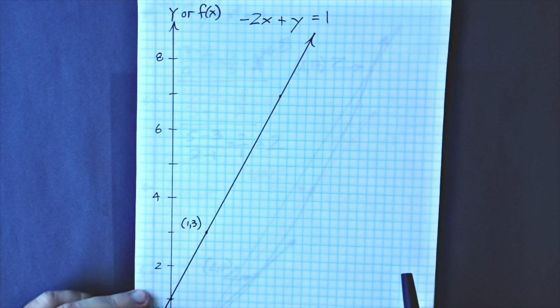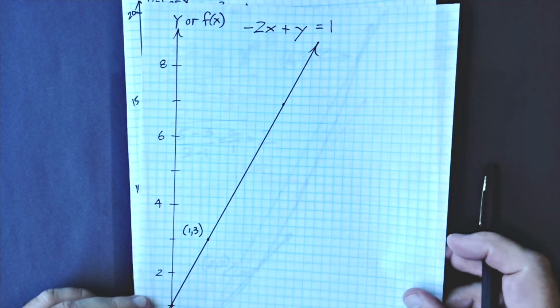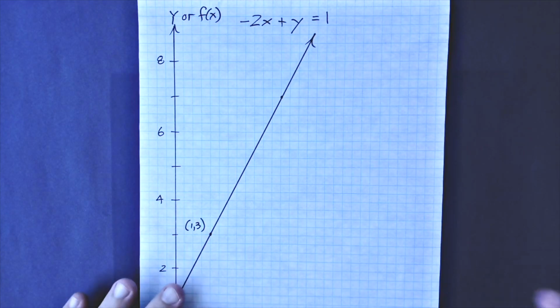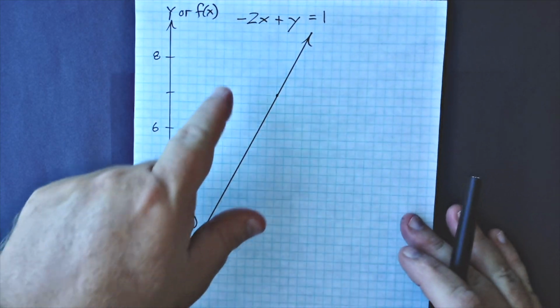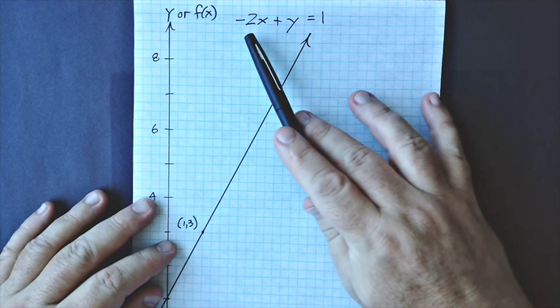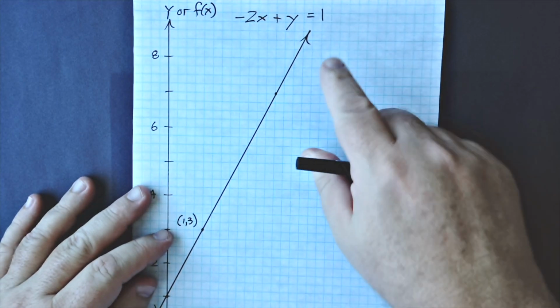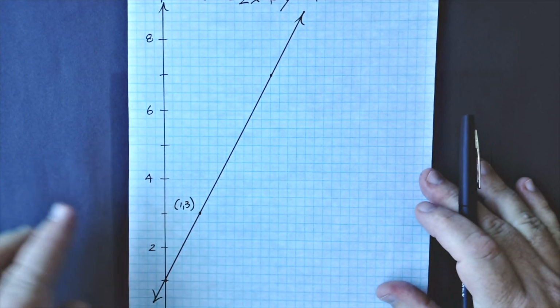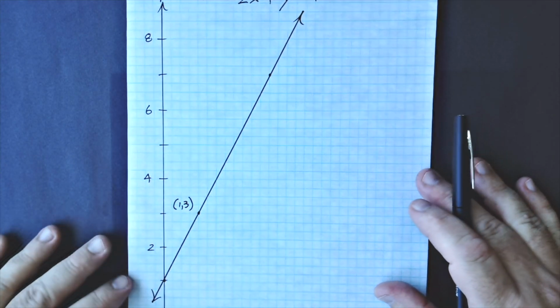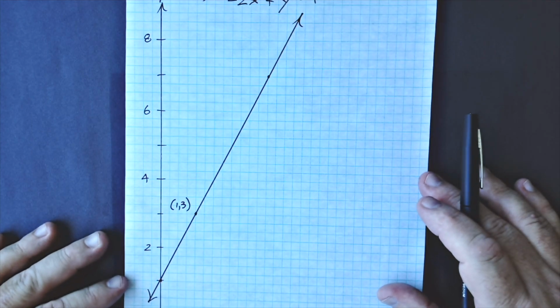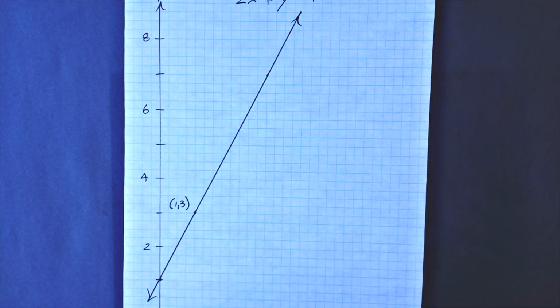What I've done here is I've just sketched a line. This is f of x or y, whichever you want to think of it, negative 2x plus y equals 1. And then I have a point on this, (1, 3). If I said, what's the slope of this line?